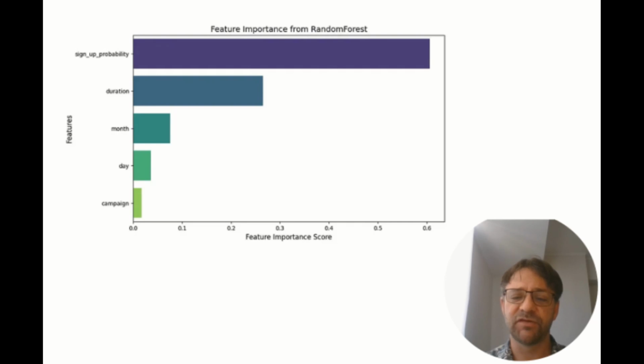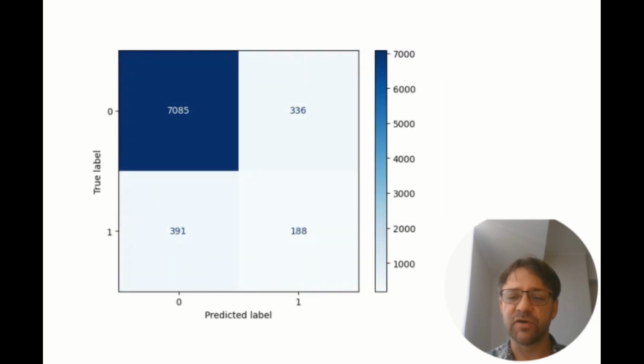Here is a quick look at the confusion matrix for this model. We had 7,085 true negatives, 336 false positives, 391 false negatives, and 188 true positives. So slightly better than the layer one results.